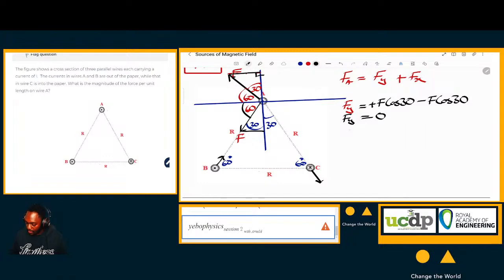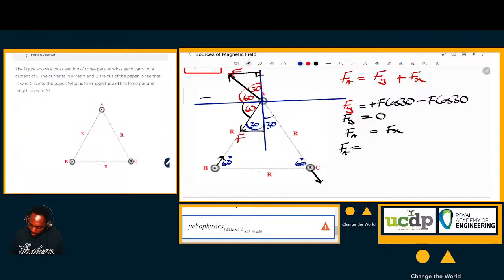Which means that the only contribution for Fa is going to be equals to F in the x, which is entirely on the negative x-axis. So F on A, which is our F on X, now we're resolving along the x-axis.